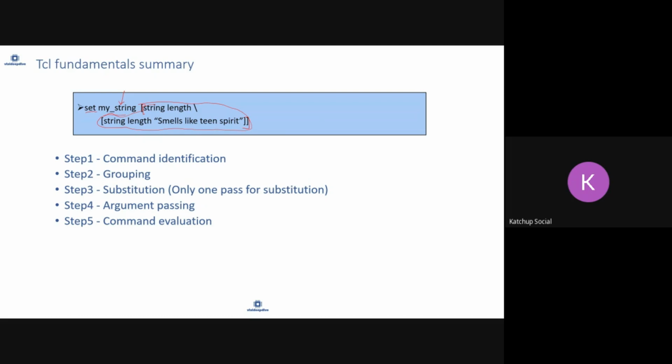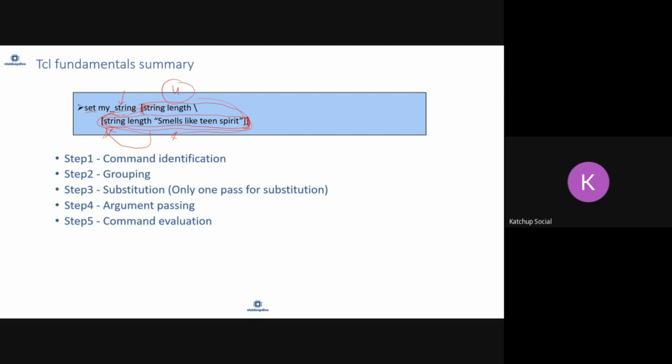Then substitution will happen, and in this case substitution will start from the middle. As soon as it sees this and this, it will substitute, and then it will substitute the outside bracket. So first the lower will be consumed and then the upper will be consumed. Then it will pass this here.